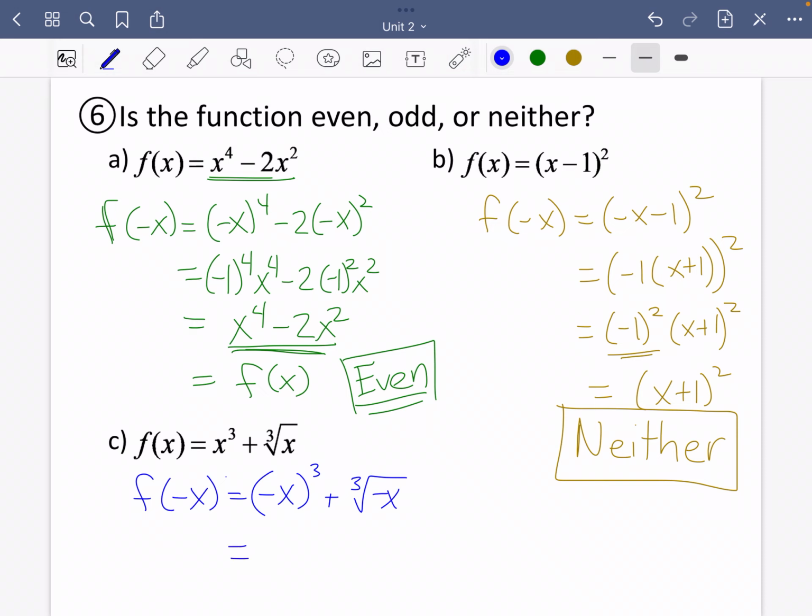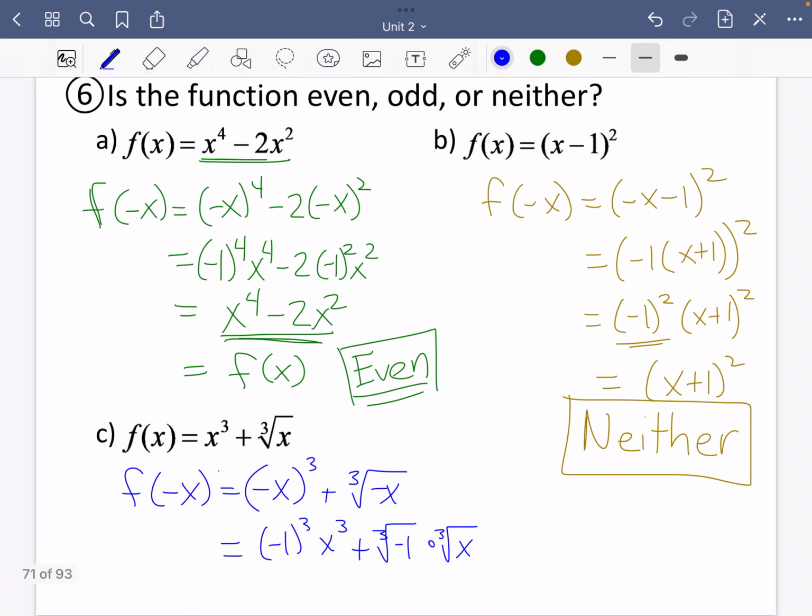So if we take negative x cubed, that's the same as -1 cubed times x cubed. The cube root of negative x, can we take a cube root of a negative? We sure can. We can take odd roots of negative values. So this is the same as the cube root of -1 times the cube root of x.